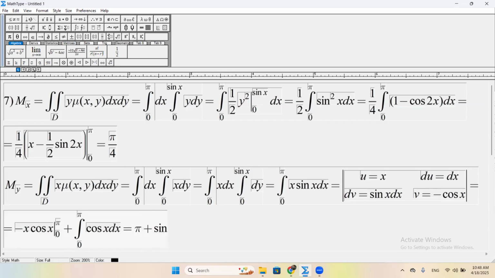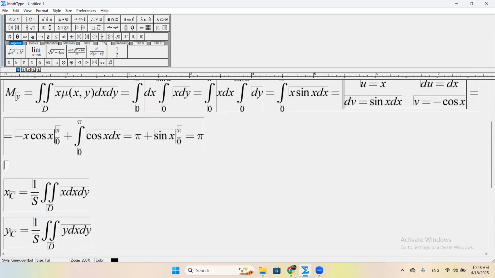And here the antiderivative is sine of x with the substitutions from 0 to p. That will be equal to 0. So the answer is p.